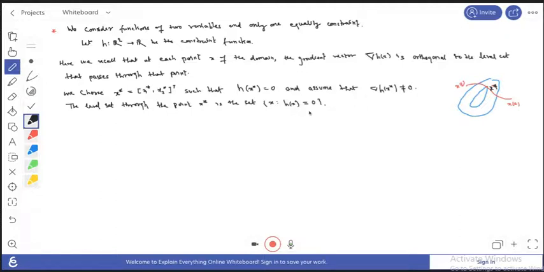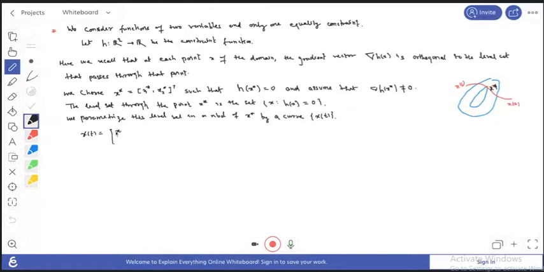Now we parameterize this level set in the neighborhood of x star by a curve, say x of t.